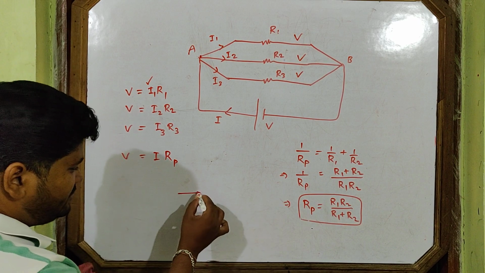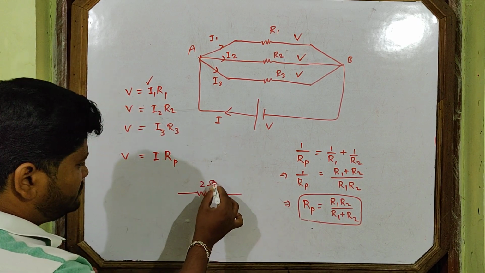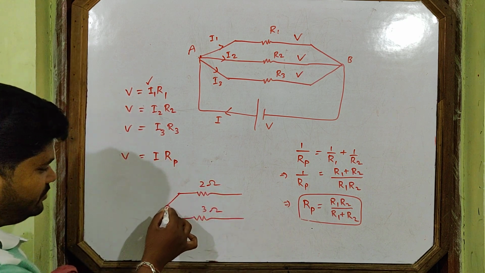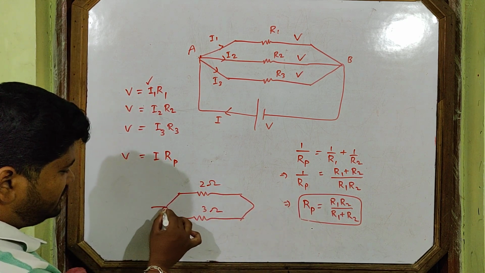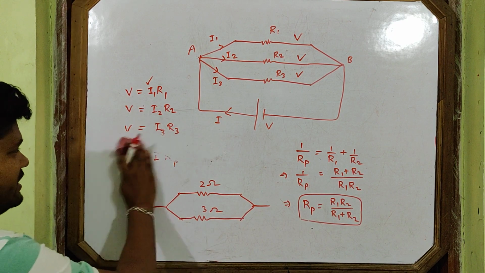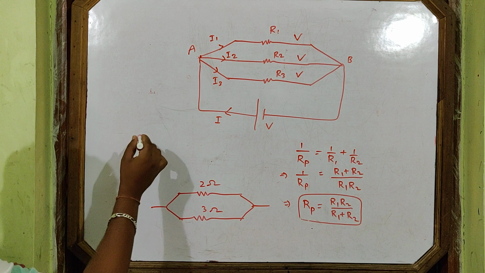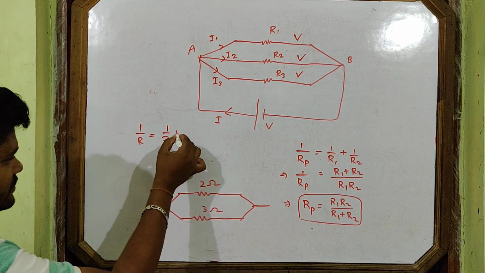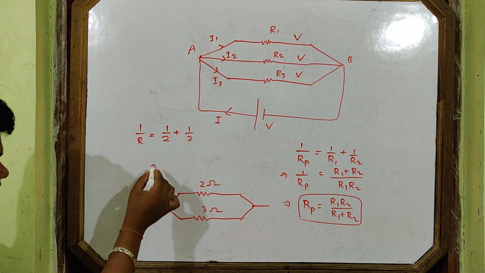I will show you one example here. You see, 2 ohm and 3 ohm, both connected in parallel. Find the effective resistance. If I tell you to find the effective resistance, then 1 by R is equal to 1 by 2 plus 1 by 3.